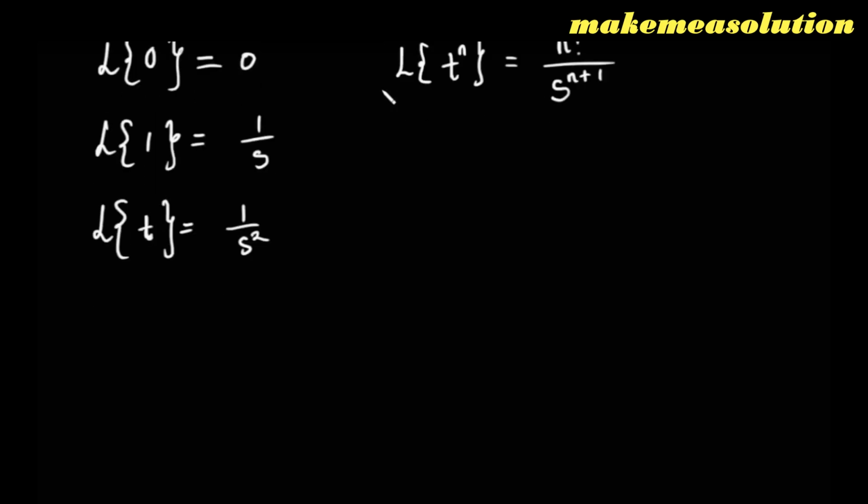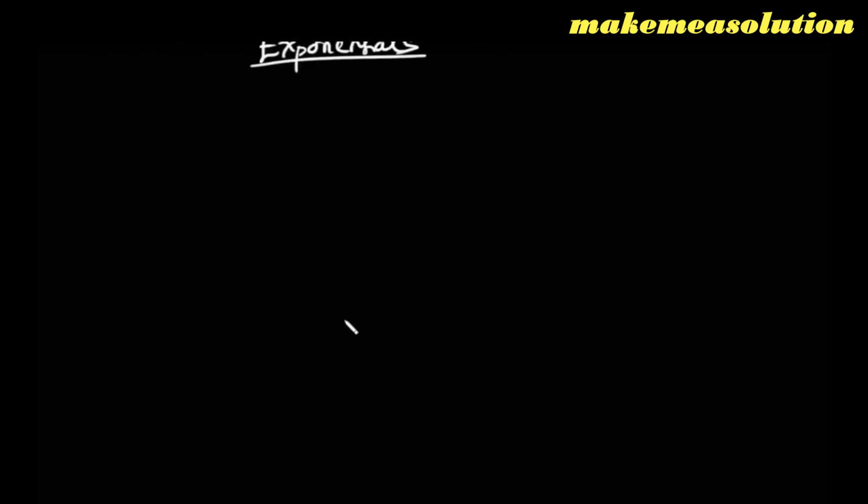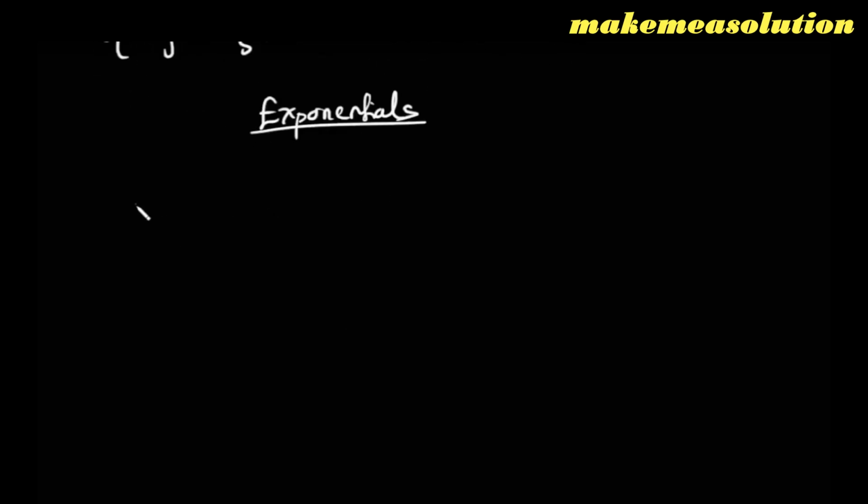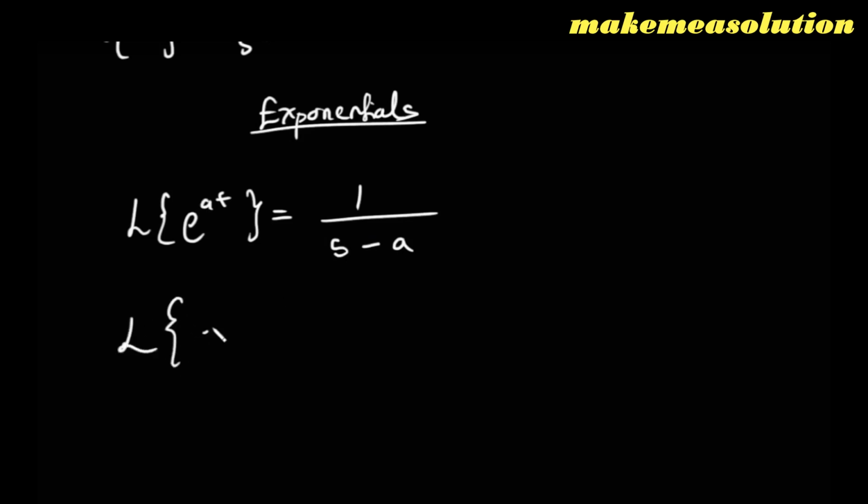So let's go to exponentials now. When we are talking about exponentials, the Laplace transform for an exponential e to the power of a t, where a is any arbitrary constant, gives me 1 all over s minus a. Okay, so if a is positive, then you have s minus a. How about finding the Laplace transform of exponential minus a t?